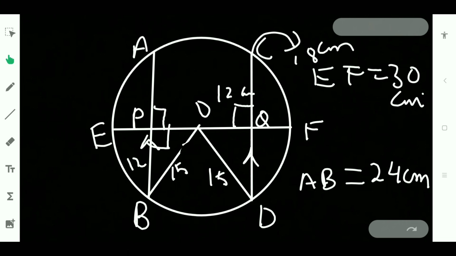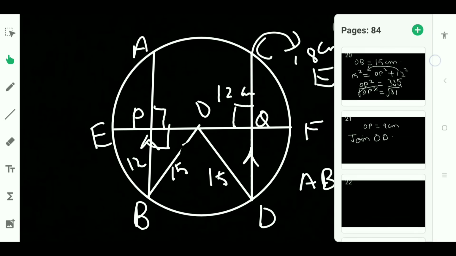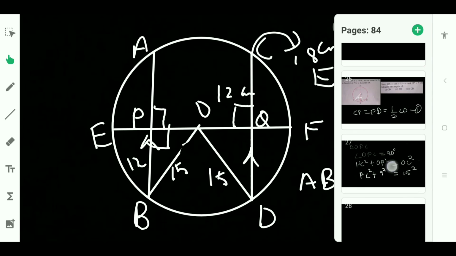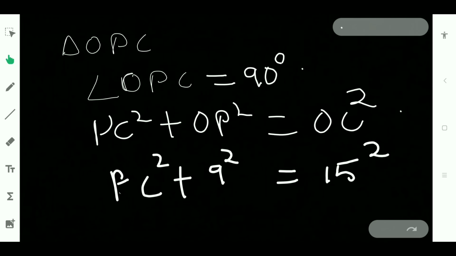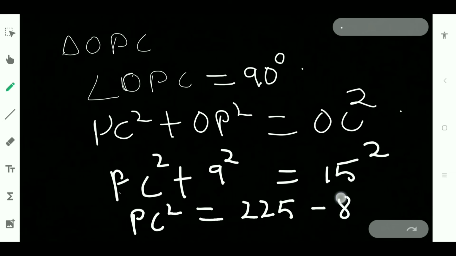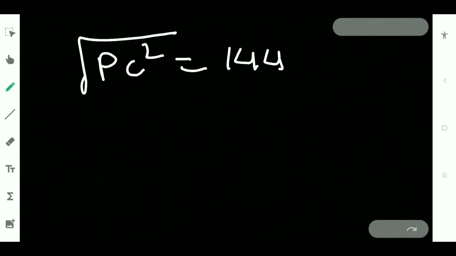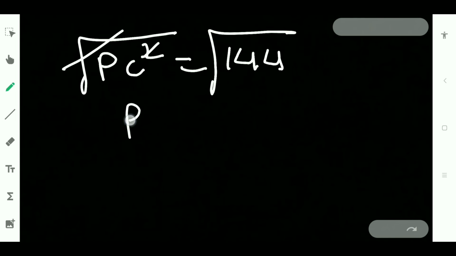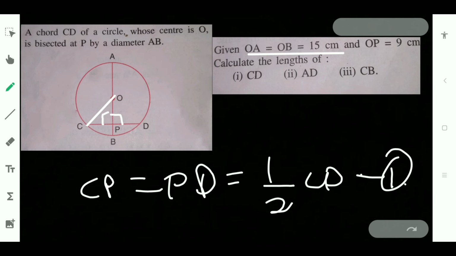So the remaining part will be 12 centimeters. Based on this I am not doing it directly; if it is asked in the exam, you have to do it. So PC square is equal to 15 square, which is 225, minus 81. PC square you are getting 144. Square rooting on both sides, PC is equal to 12 centimeters.